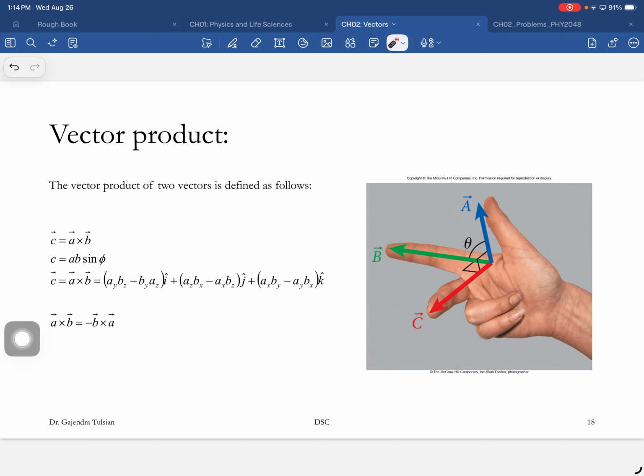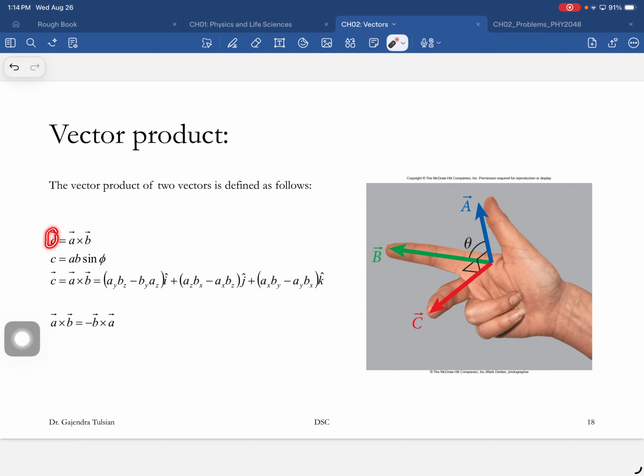It's also known as the cross product, and it's written like this: A cross B, and the answer is a vector, C. I'll just give you the definition, and you might come across it in various different ways. You'll probably deal with it in Calc 3, I think.